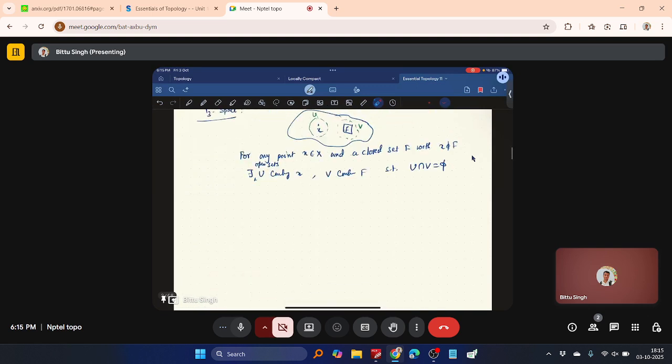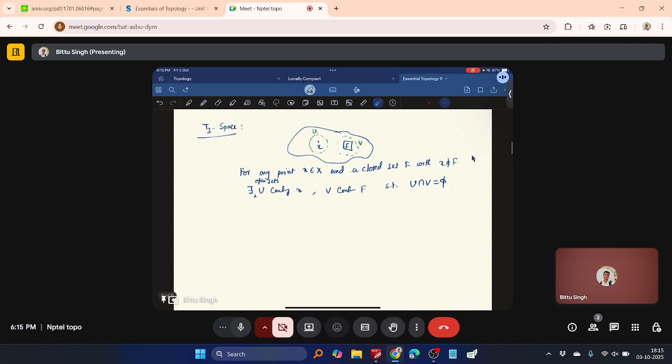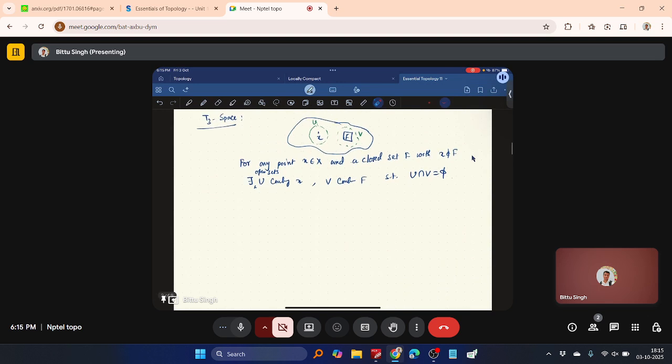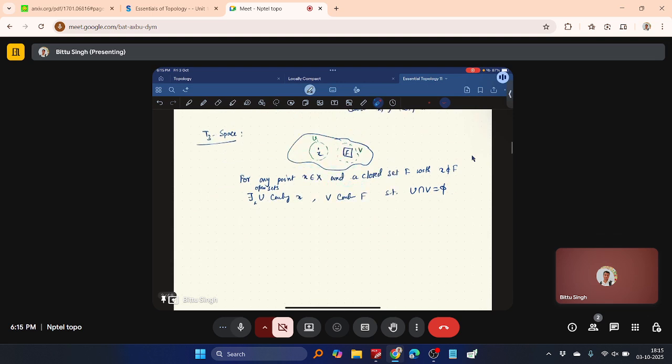Okay, so this is all about T3 space, and we have already noticed that T3 may not imply T2 or T1, but if we add one condition, then T3 will imply T1, T2. So this will be called regular space.